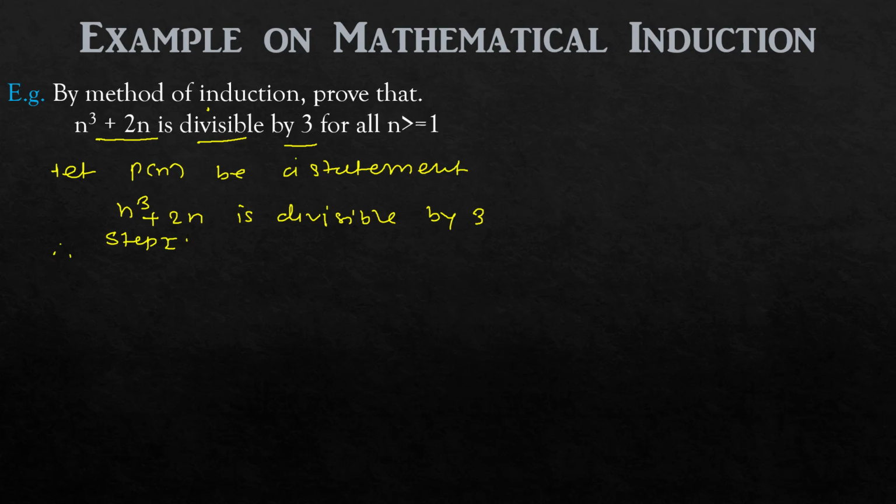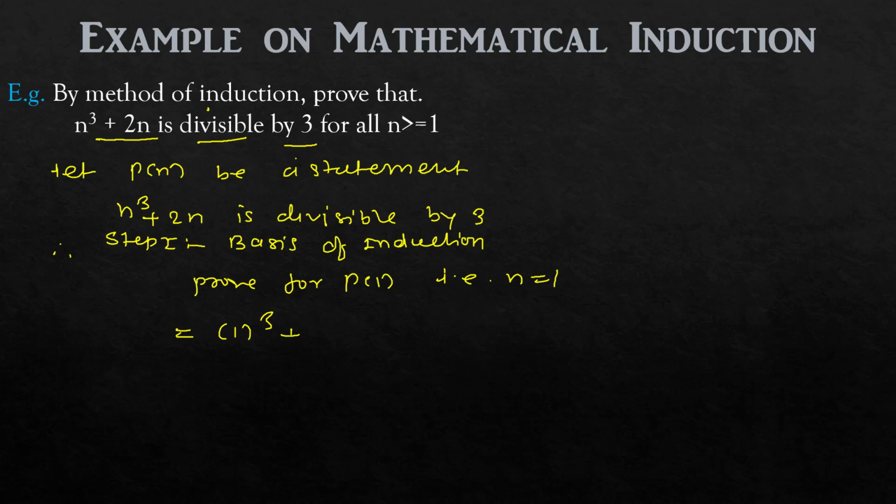Therefore, step number 1. What is step number 1? That is basis of induction. So what is basis of induction? Prove for P of 1. Means n is equal to, what do we put? We have to put 1. So we get 1 cube plus 2 into 1. So we get 1 plus 2 is equal to 3.